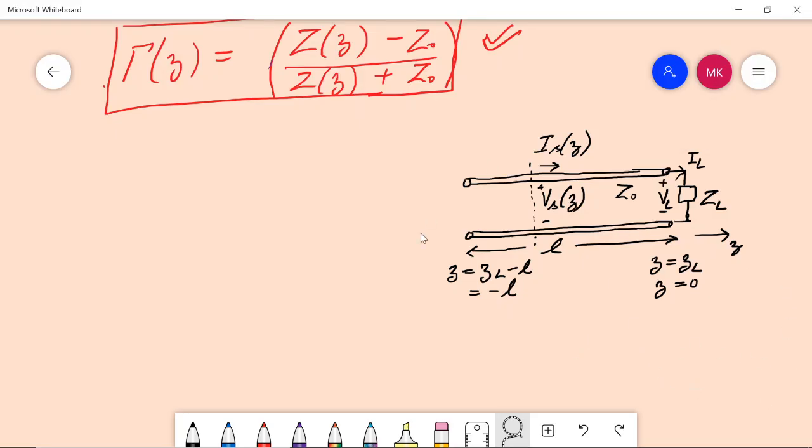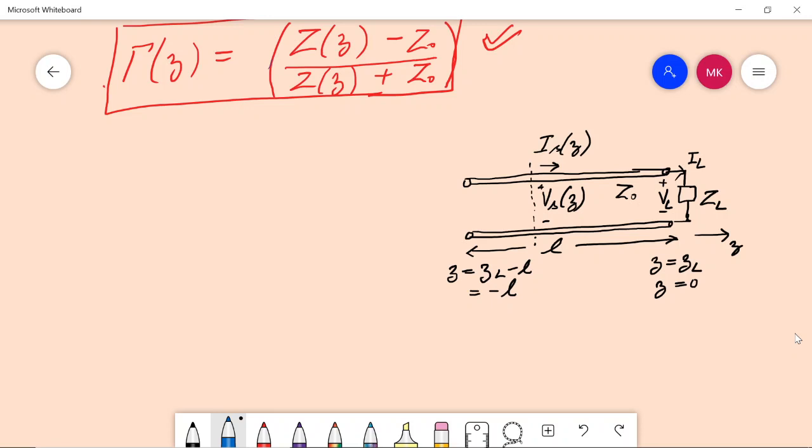So let's take again this figure, and let us use the connected load ZL. So what you have now is the case where the load is connected at this endpoint.